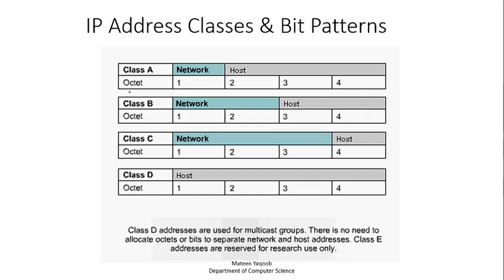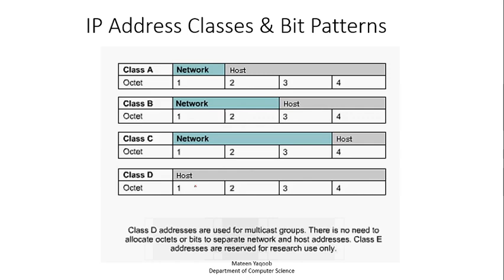So the class is determined by the first octet. If it is a class A IP, it will consist of 1 byte for network and 3 bytes for host. For a class B IP, it will have 2 bytes for network and 2 bytes for host, and class C will have 3 bytes for network and 1 byte for host, and class D has 4 bytes for the host.